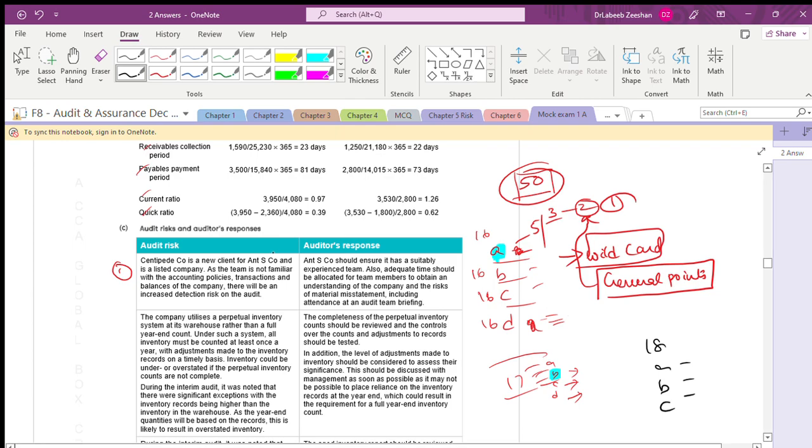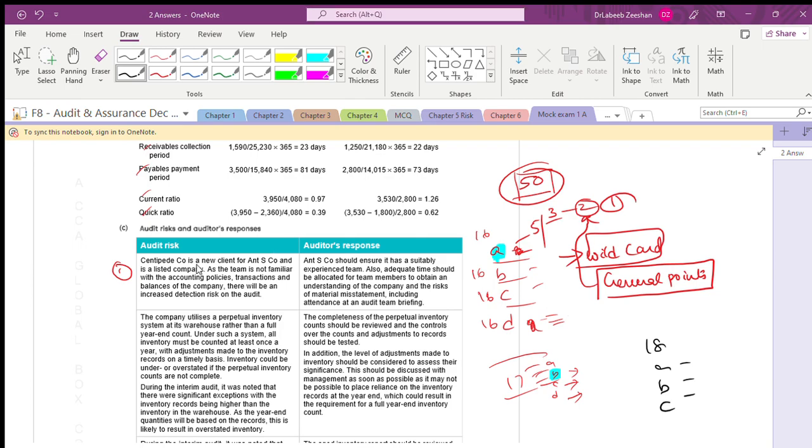For a new client, you cannot put juniors. You cannot send juniors. You have to put experienced people, know the detailed planning, and understand the entity. This is the standard risk and standard response.